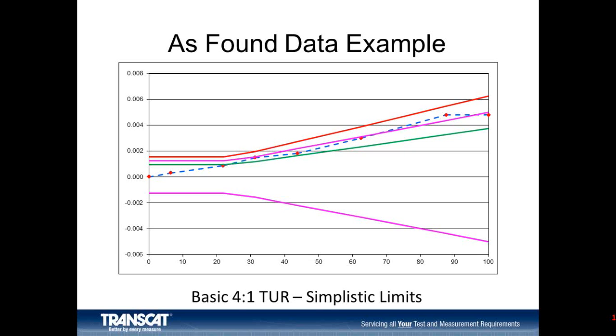the uncertainty in the standard was considered to consume 25% of the allowance for the test instrument. So then you can see the green line represents a threshold. If it's above that green line, then it would be considered out of tolerance, or at least a candidate for being out of tolerance, because it has to go way up above the red line before we could say definitively that it's out of tolerance.